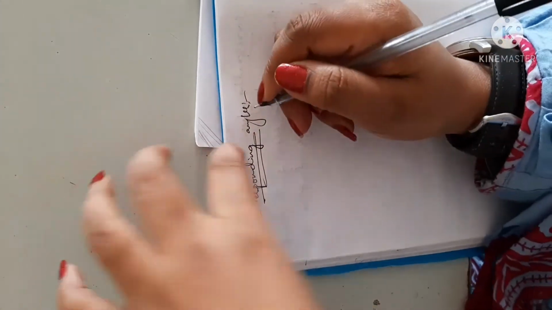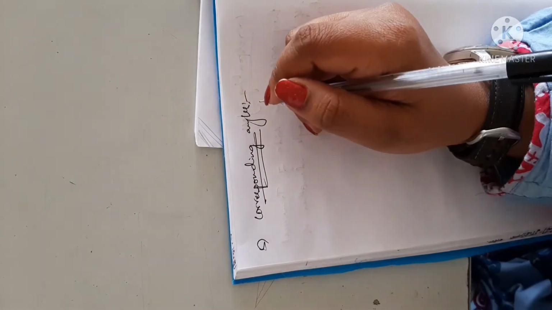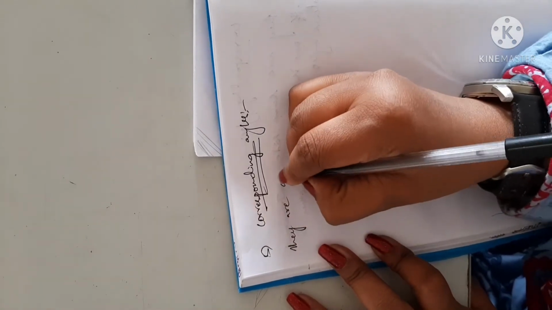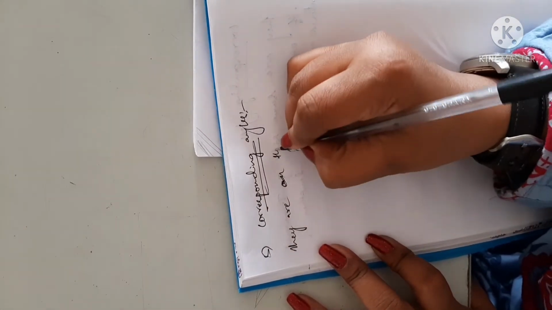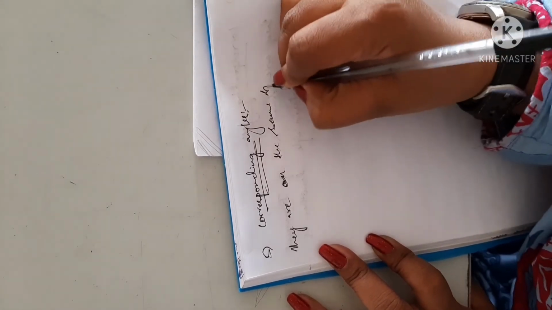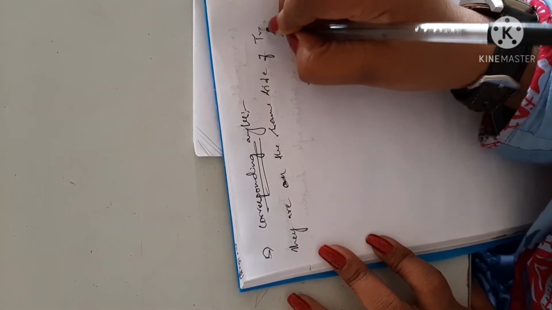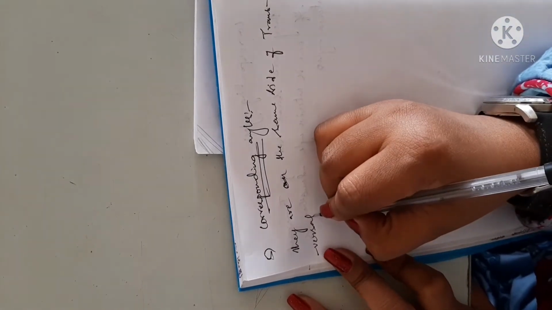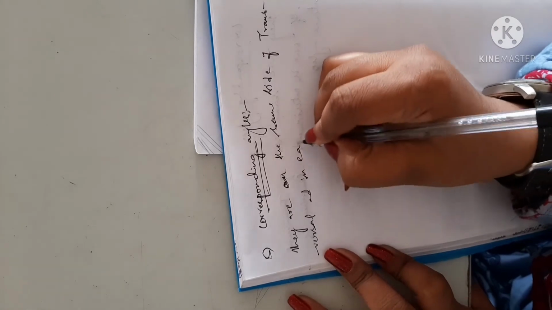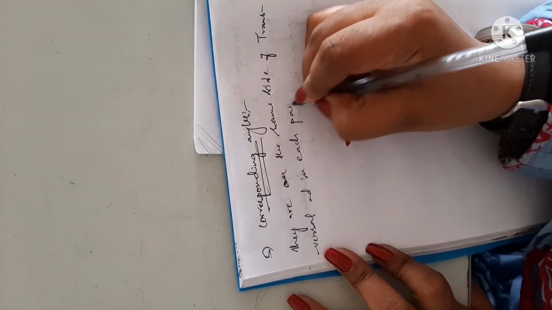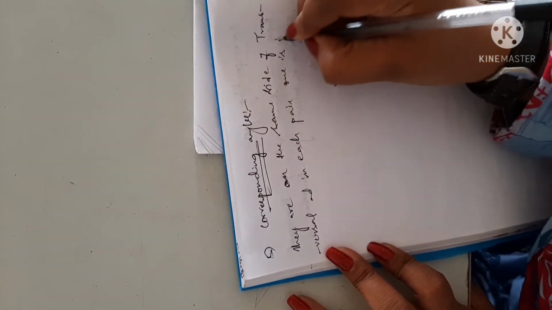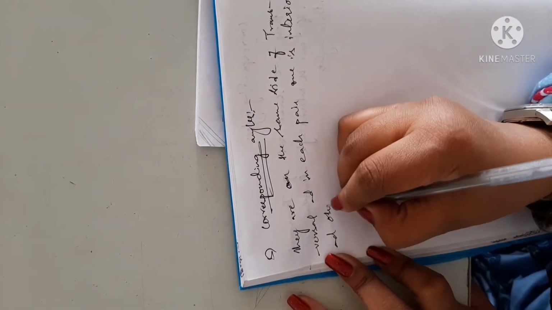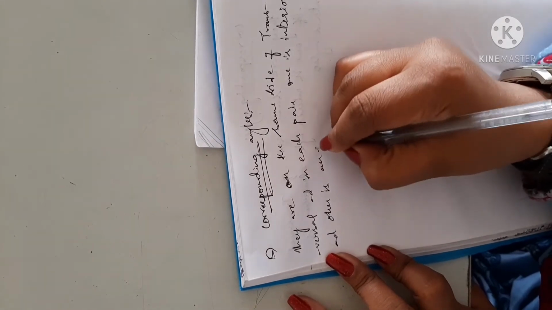What are corresponding angles? Corresponding angles are on the same side of a transversal, and in each pair one is interior and the other is an exterior angle.